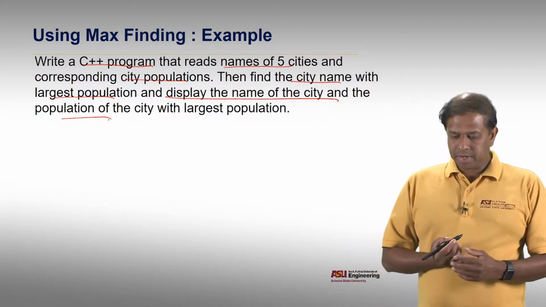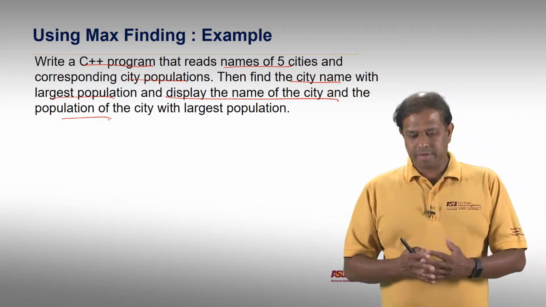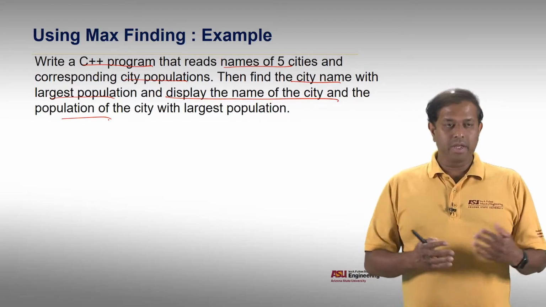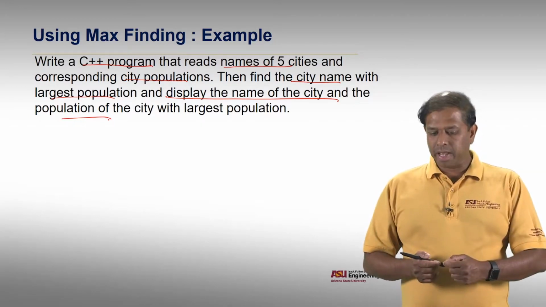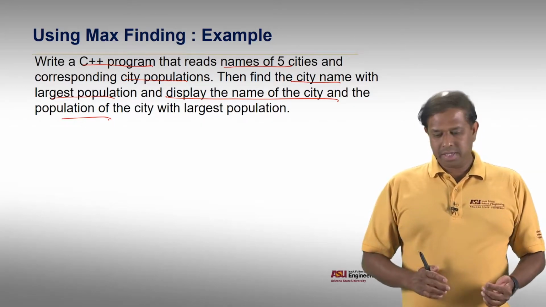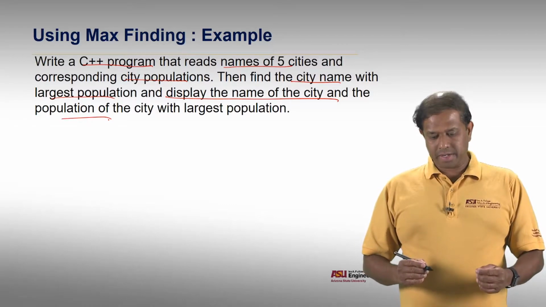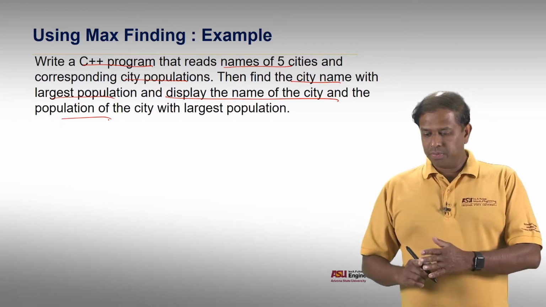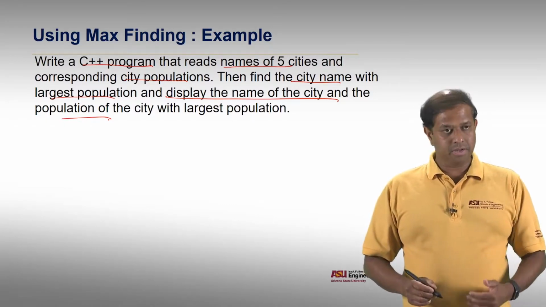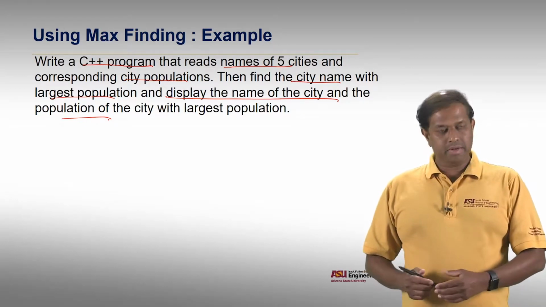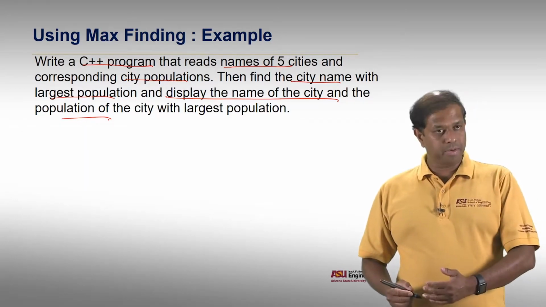This problem is slightly different from the previous one. In the previous one we had only one array with numbers, but in this scenario we have two arrays: one with strings, since the city name has to be a string, and then an integer array with the city population.